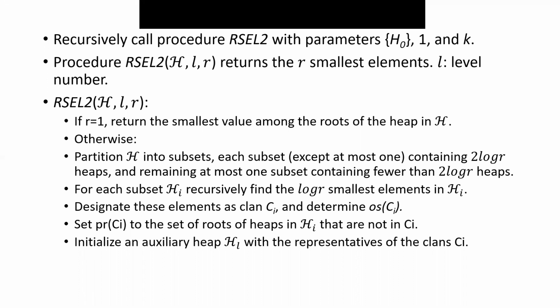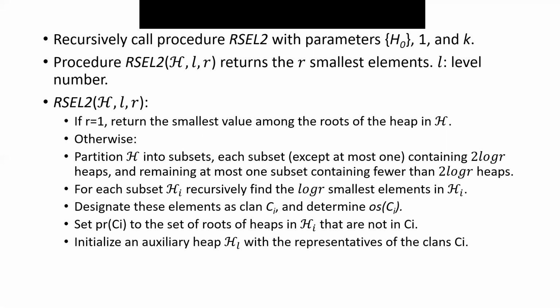Otherwise, it partitions the curly H into subsets, each subset except at most one containing 2 times log R heaps, and the remaining at most one subset containing fewer than 2 log R heaps. And for each subset curly Hi, it recursively finds the log R smallest elements in Hi.